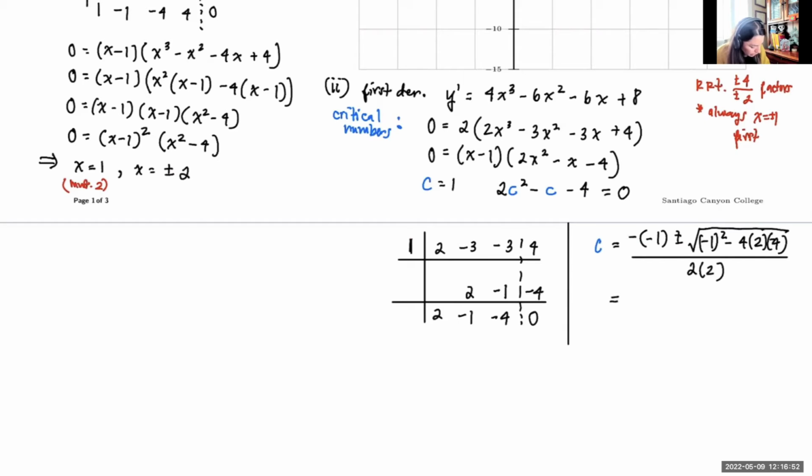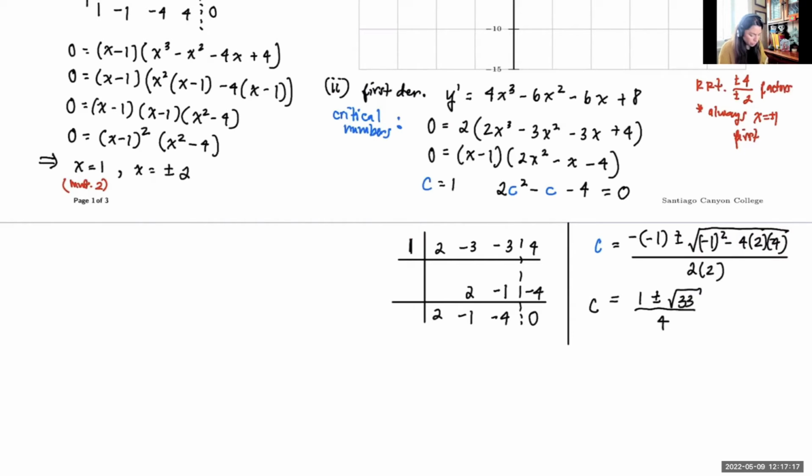So we just can see here that this is going to be positive 1 plus or minus square root of 1 minus 4 times 2 times negative 4. So that's going to be 1 plus 32. So 1 plus or minus square root of 1 plus 32 is 33 all over 4.